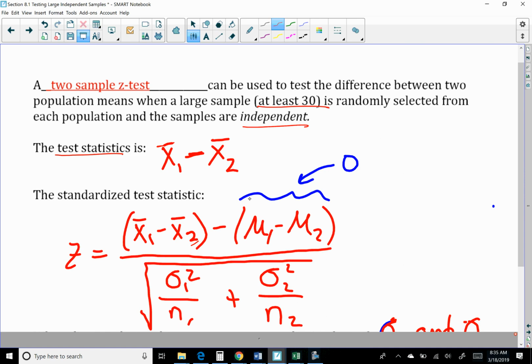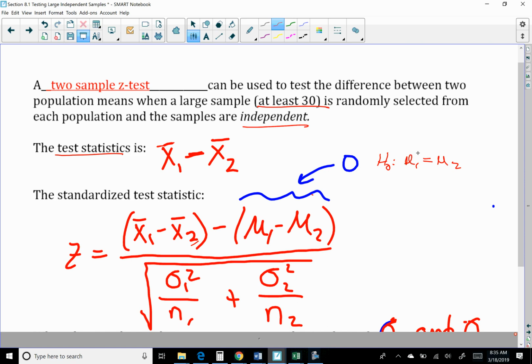You see how I kind of put a bracket in blue above it? It's always 0. And the reason for that is this comes from our null hypothesis. And our null hypothesis for the vast majority of the time is going to be that mu1 is equal to mu2. We already kind of showed that, right?